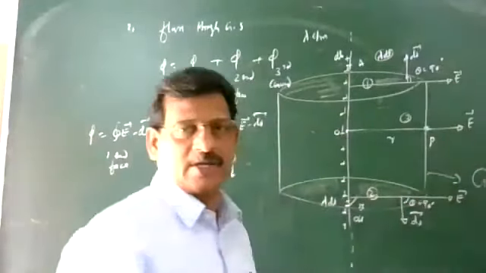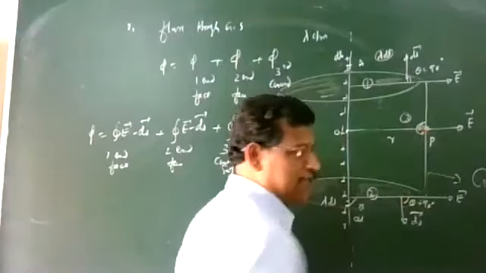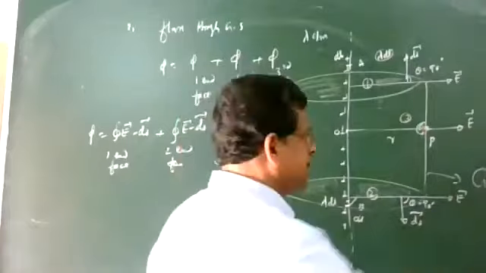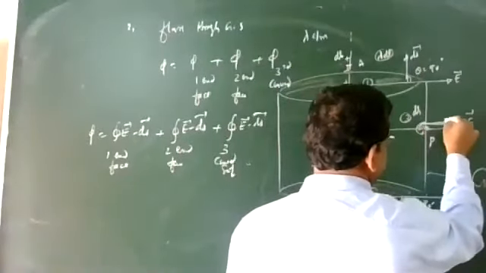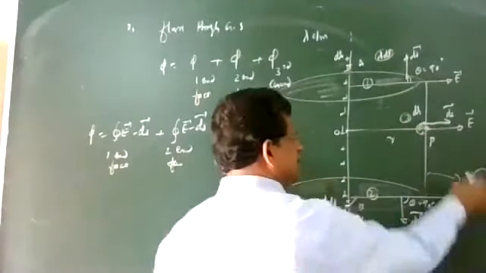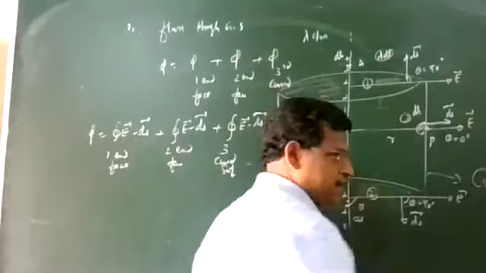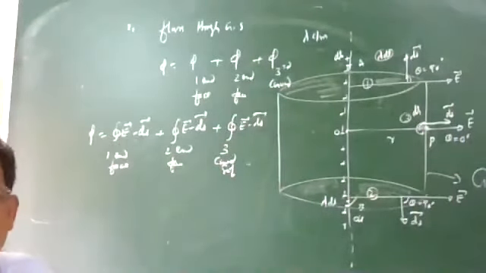On the curved surface near the point P, you multiply the electric field and the area element ds; here it is also in the direction of E vector. So here theta equals 0 degree. On the curved surface theta is 0 degree and on the end faces theta is 90 degrees.